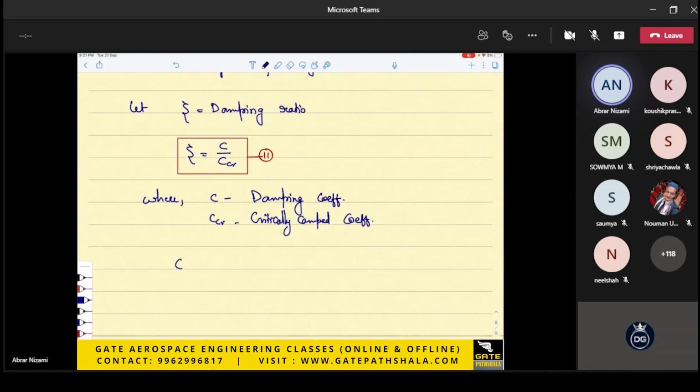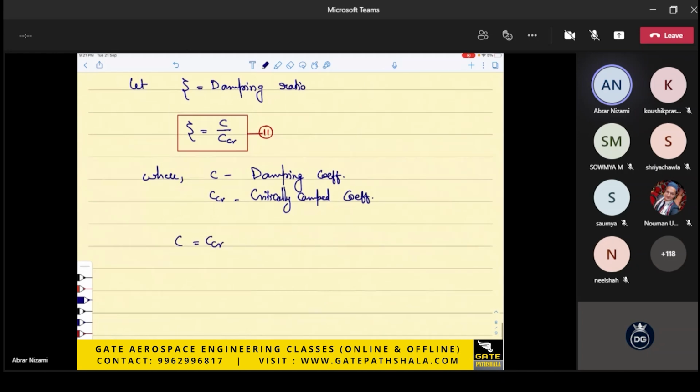So if C equals CCR, the damping is critical. It implies C by 2m for critical damping is equal to the square root of k by m, that is omega n. So this C is CCR.